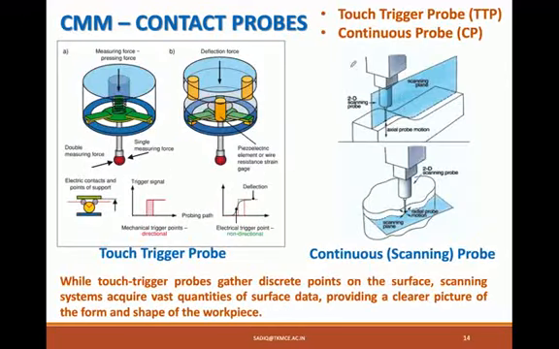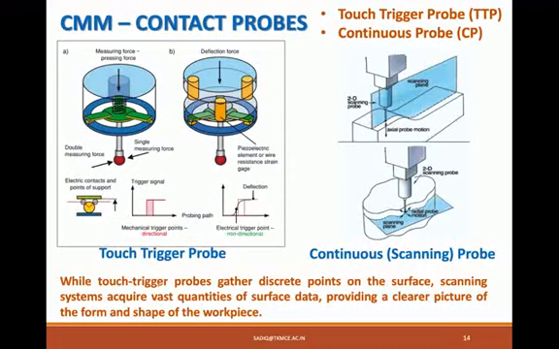I have told you about contact probes, where the probe comes in contact with the workpiece, and we have seen the touch trigger probe. There is one more example of a contact kind of probe, that is the continuous probe. In touch trigger probe, we can take points one by one. That is, if you hit on a surface, it will take one point, it will hit on another point, it will take another point, whereas a continuous probe will take continuous measurement when it is traced over the surface.